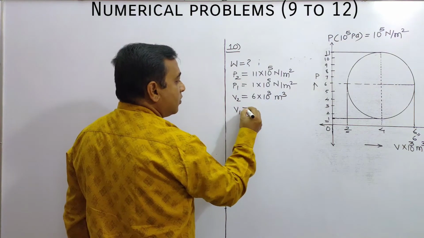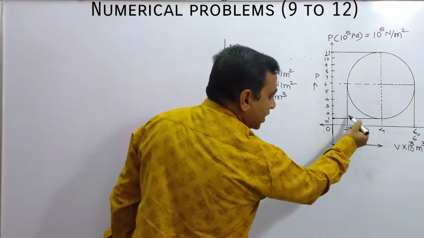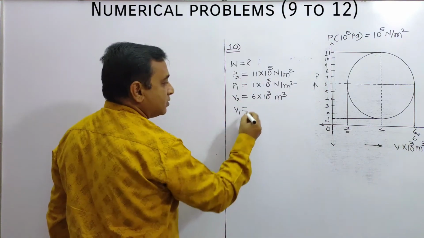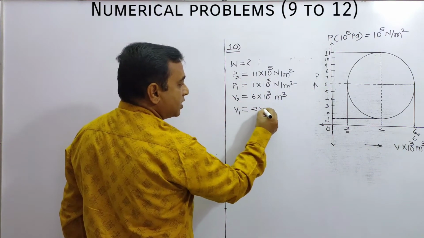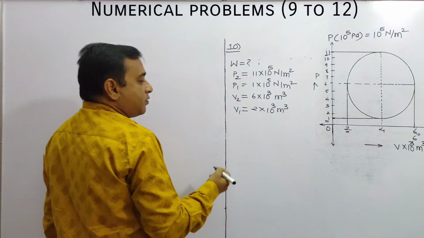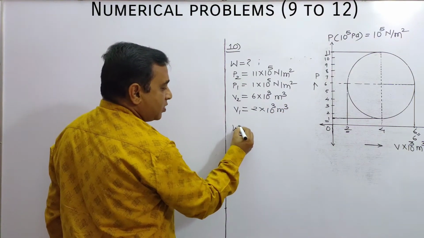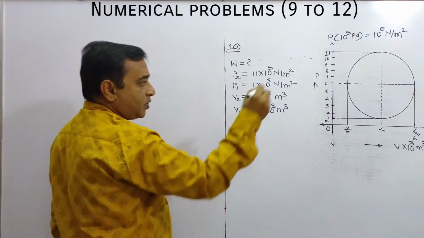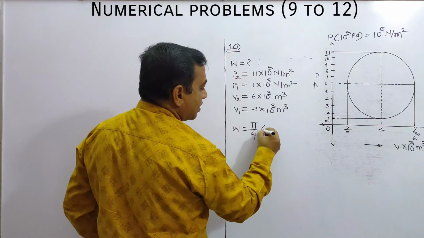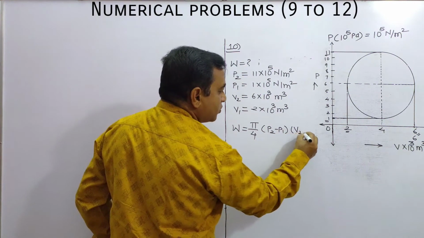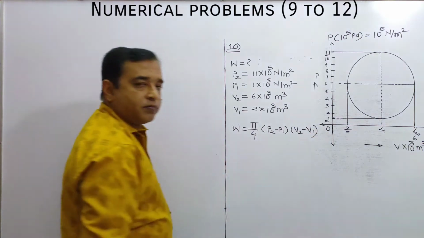The volume V1 is 2 into 10 raised to power 3 meter cube, with the common factor 10 raised to power 3. So we have the formula: W is equal to pi by 4 for the imaginary circle drawn there, into P2 minus P1 into V2 minus V1.